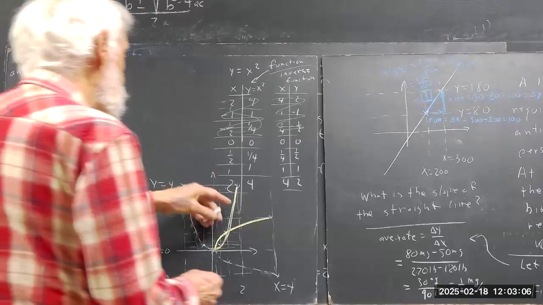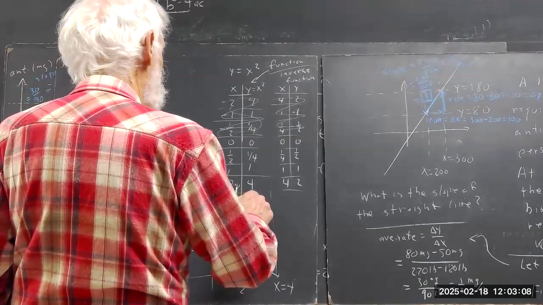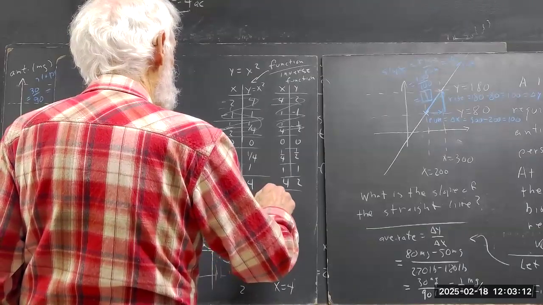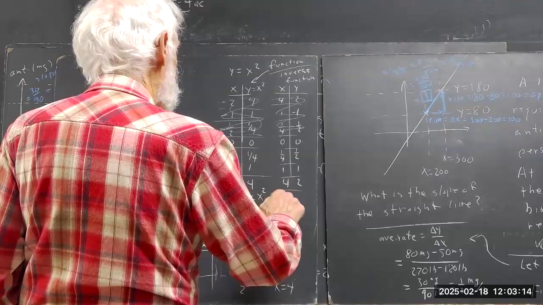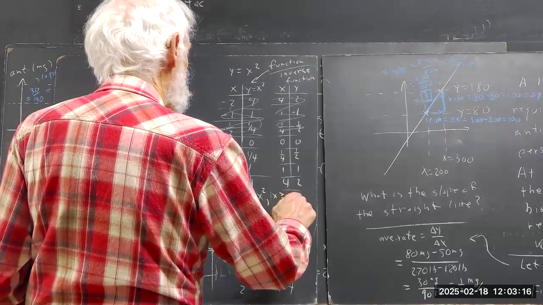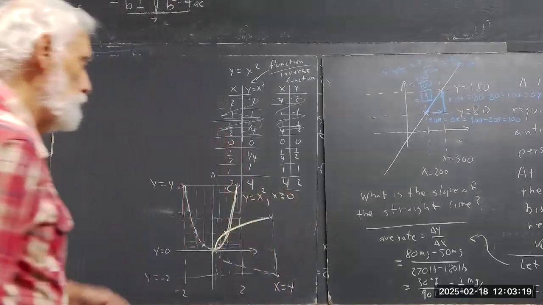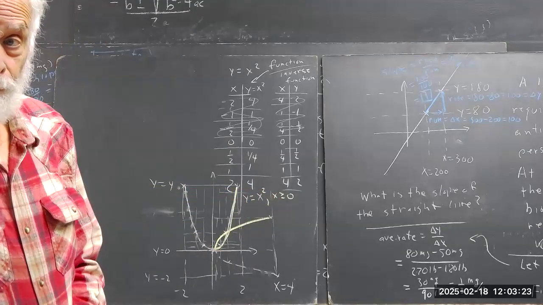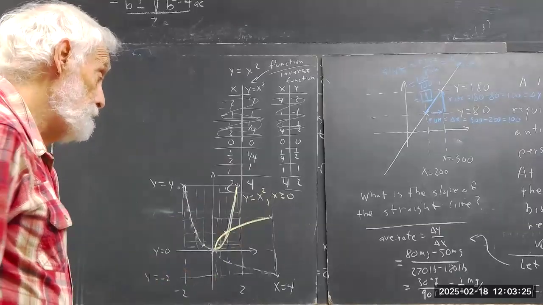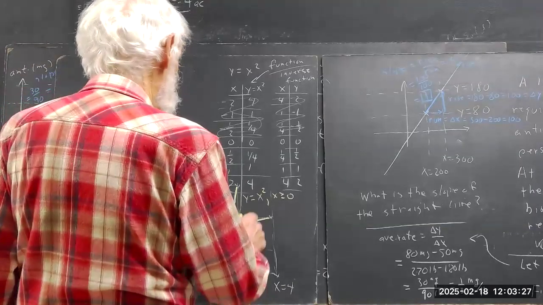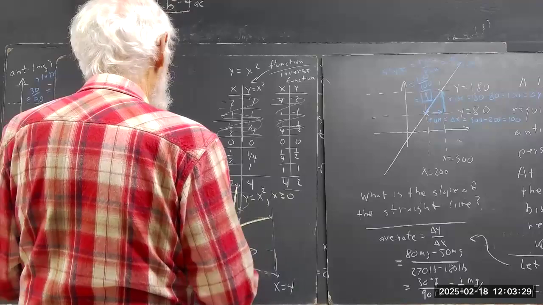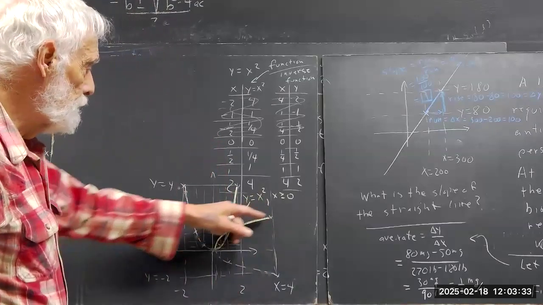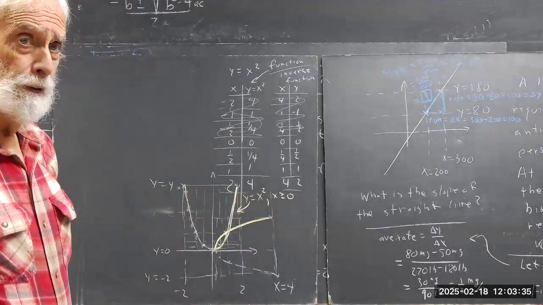So that y equals x squared, but only the part for x greater than or equal to 0. This part is the inverse function. Anybody recognize what that graph looks like?